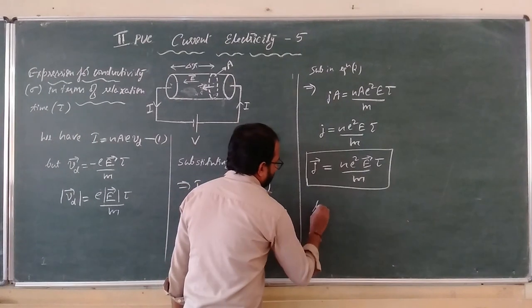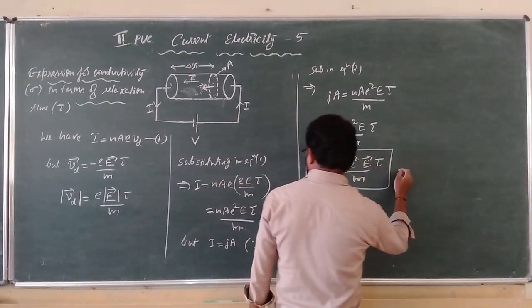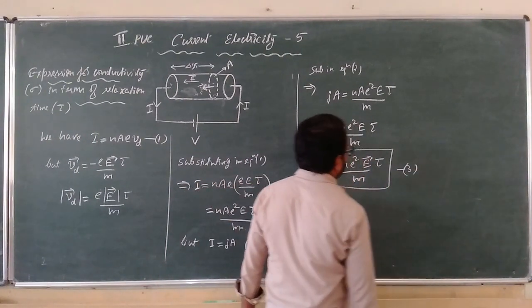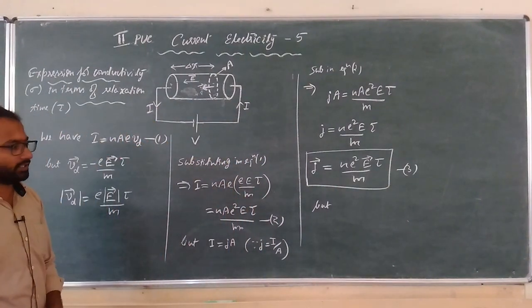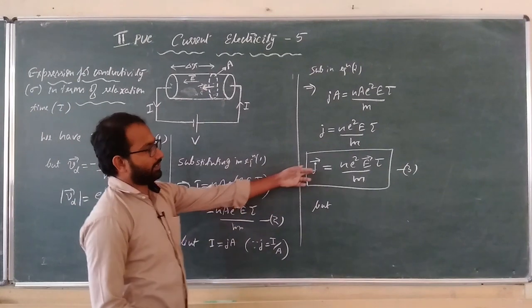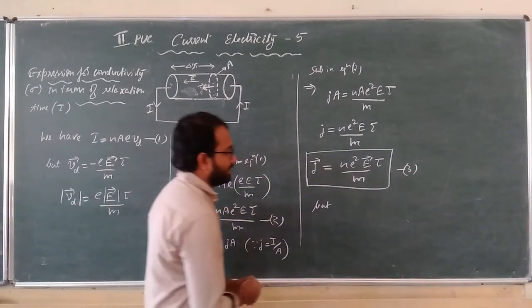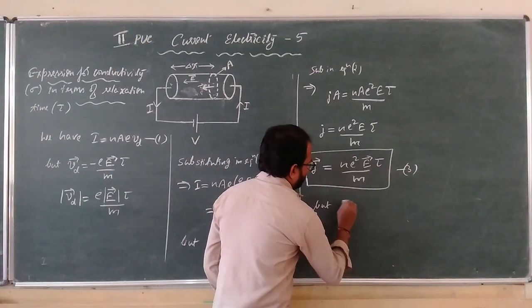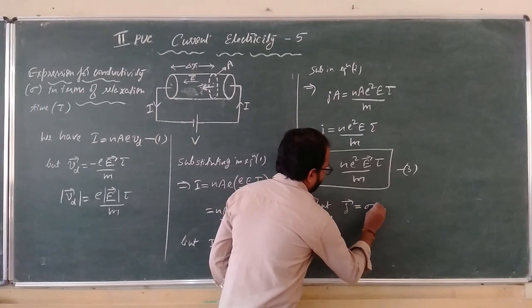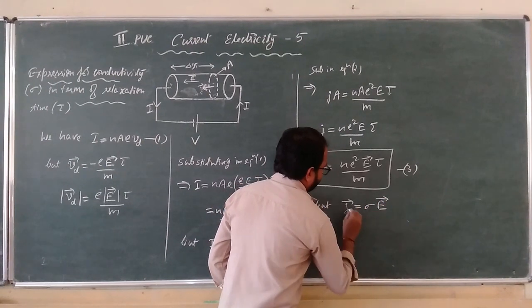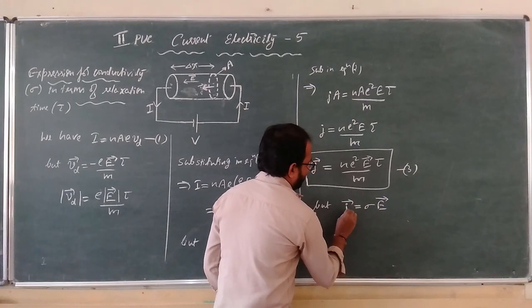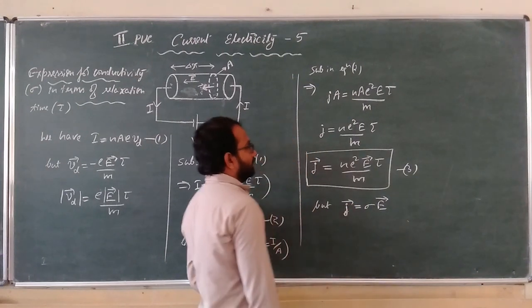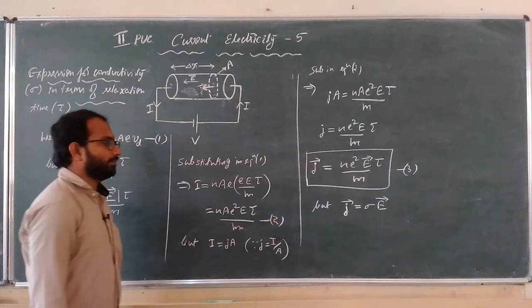But how do we relate the current density with the conductivity? We derive the expression for current density in terms of conductivity: J is equal to sigma into vector E. That is also an important derivation, maybe asked for 3 marks, or this derivation may be asked for 5 marks.